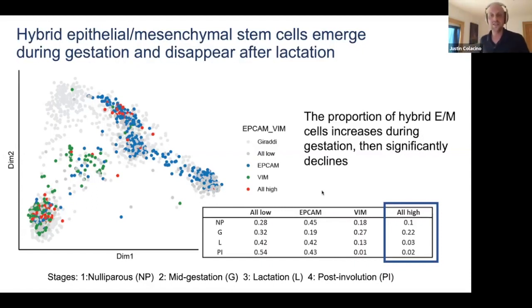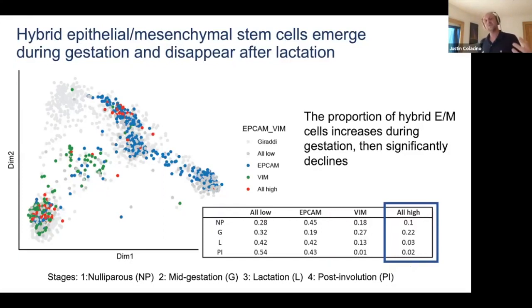And then we could see that in the nulliparous animal, about 10% of cells meet that criteria. Those animals during gestation, that number jumps to almost a quarter of the cells. So we're seeing this expansion of these hybrid cells. As we move through lactation, that number drops precipitously, and then post-involution, it's even lower.